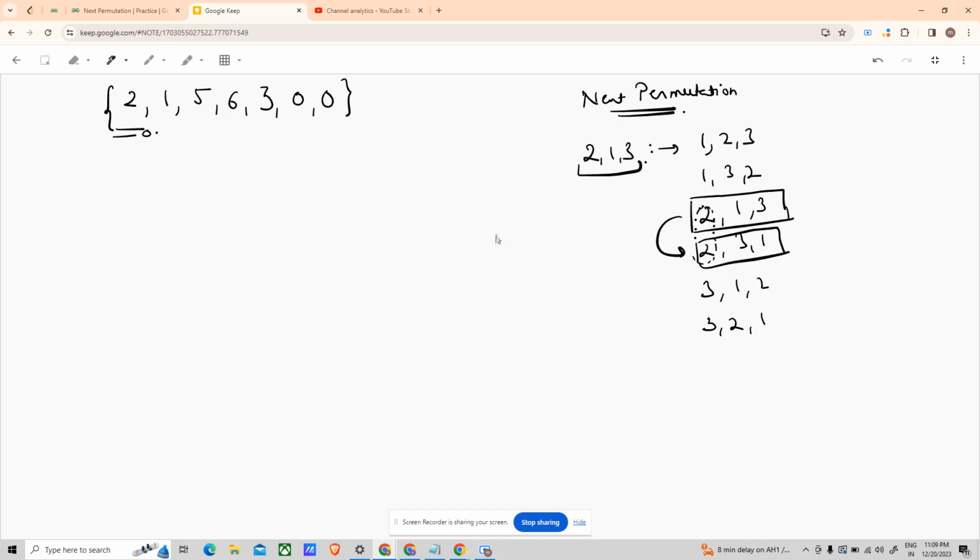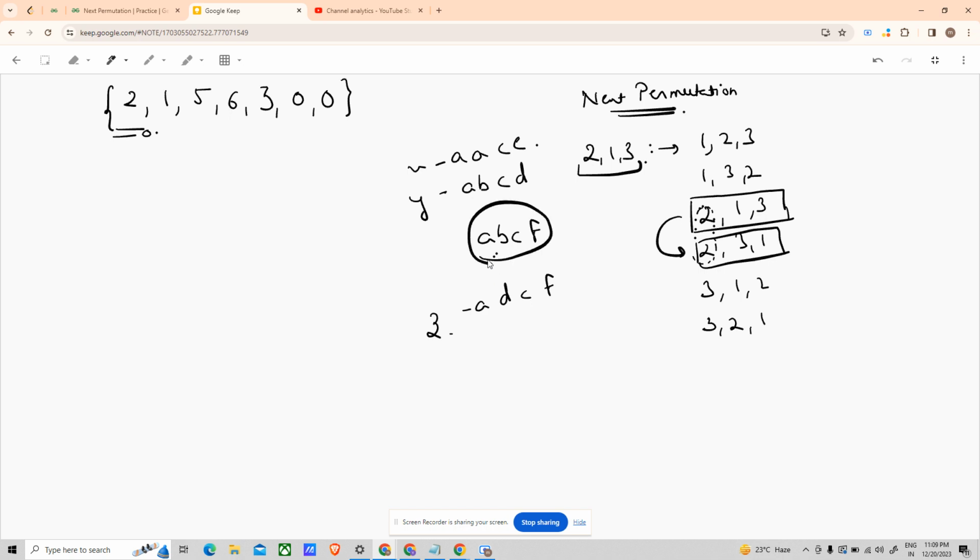In a dictionary, suppose you have to find a string A, B, C, F. You have been given the positions of two strings, that is A, B, C, D and A, D, C, F, and also one more string A, C, E. If you have been given the position of this string as X, this as Y, and this as Z, which one would you think is closer to this? Closer, I am asking for closer.